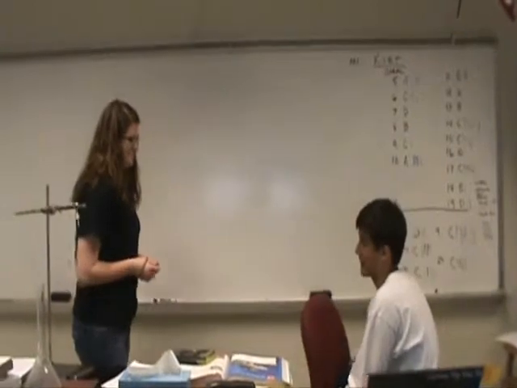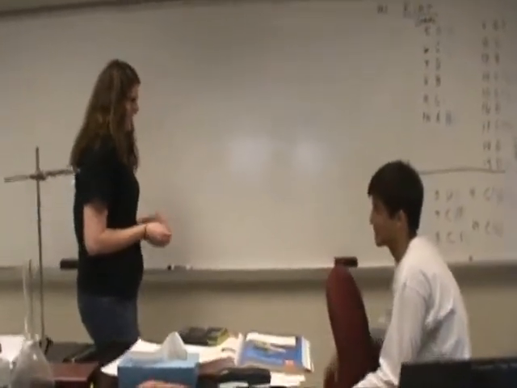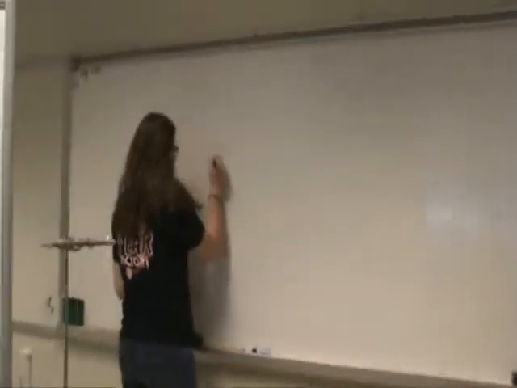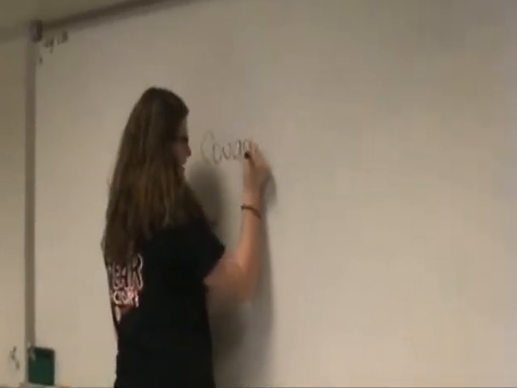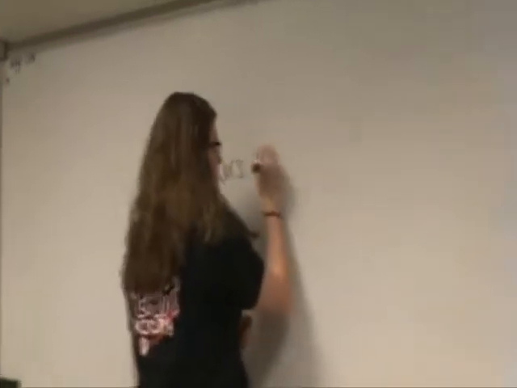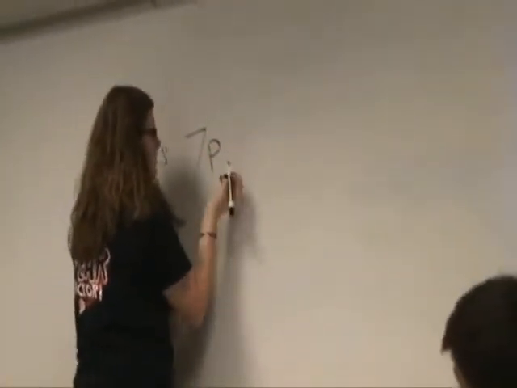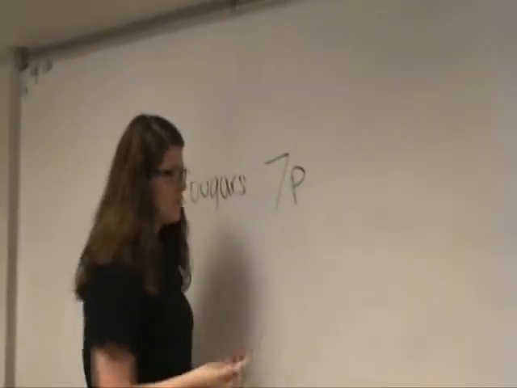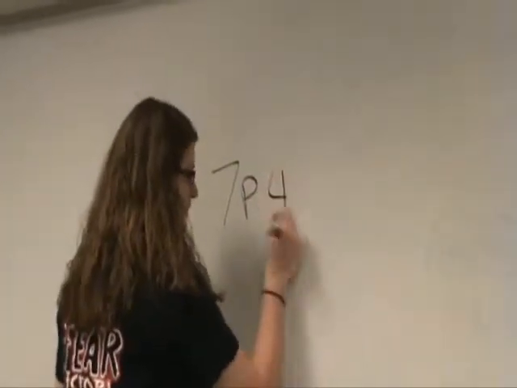So, Brittany, how did you find the answer to the problem? Okay, we see cougars, C-O-U-G-A-R-S. There are 7 letters in cougars. So that's 7, P, and then you're trying to find how many 4-letter words, so you do 4.